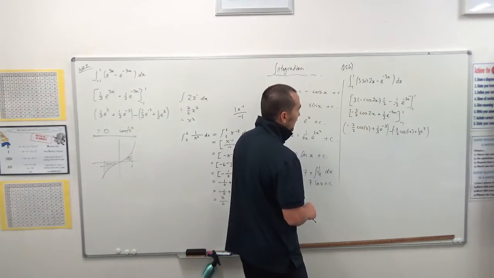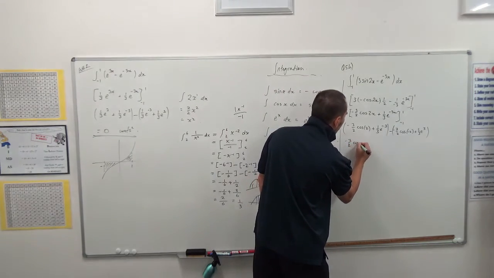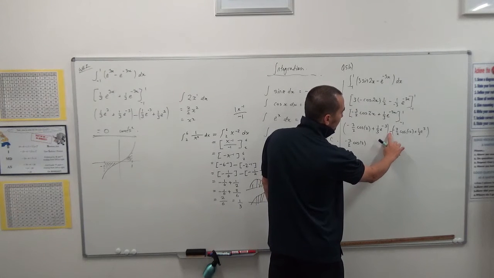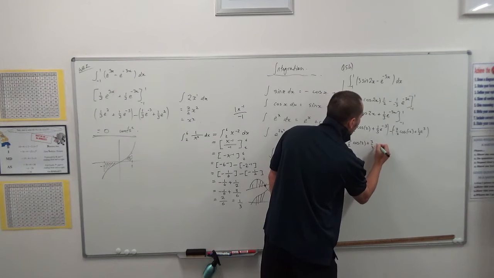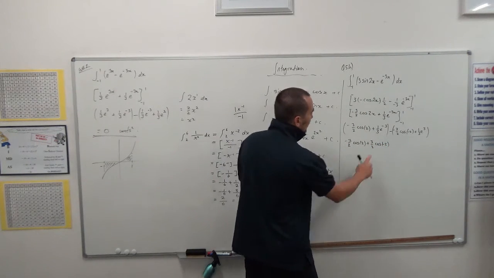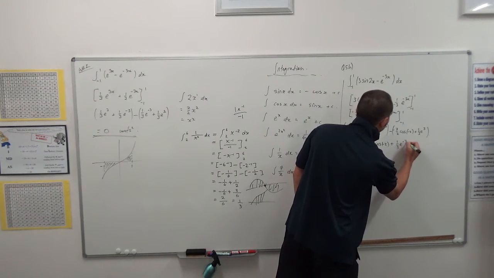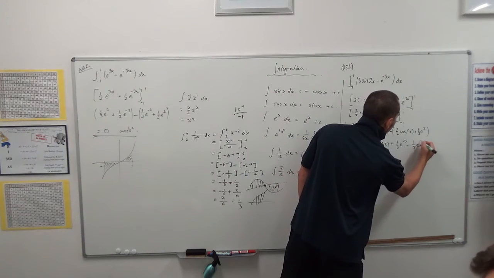So now what we have here, if we expand these brackets, is negative 3 on 2 cosine 2, take away a negative 3 on 2, so I'm adding 3 on 2 cosine negative 2, adding 1/3 e to the negative 3, taking away 1/3 e to the power 3.